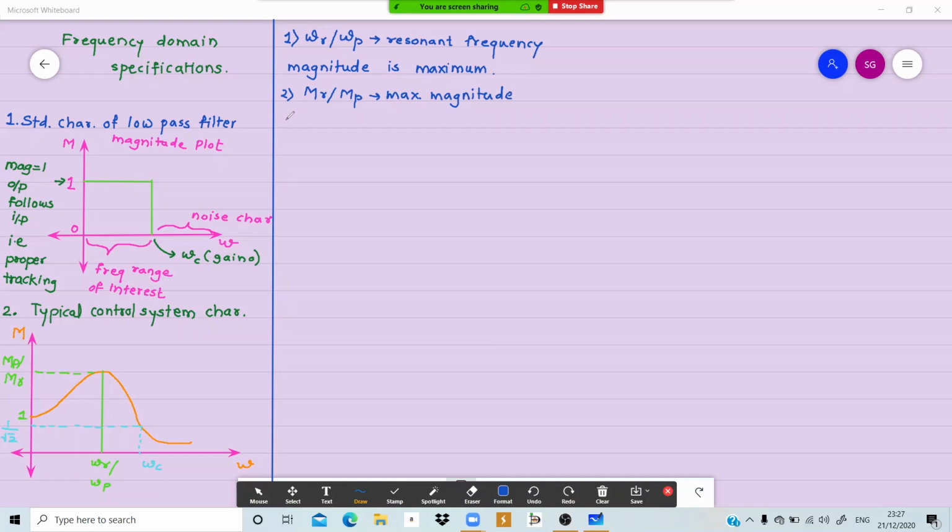Then the third thing: the low frequency range and high frequency range are defined with respect to the bandwidth. The system's low frequency and high frequency depend upon the bandwidth. So we should know what bandwidth is, and it is denoted by omega B, bandwidth range.